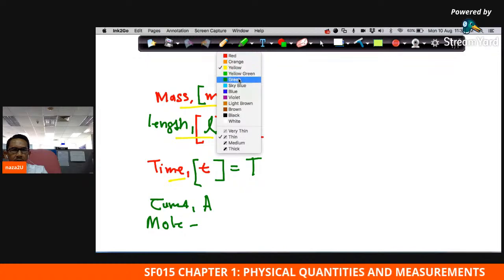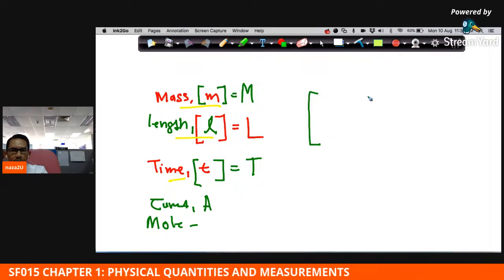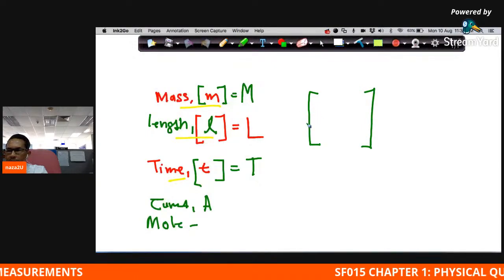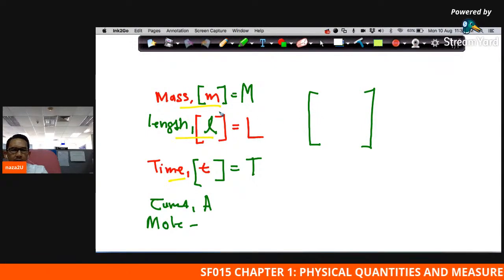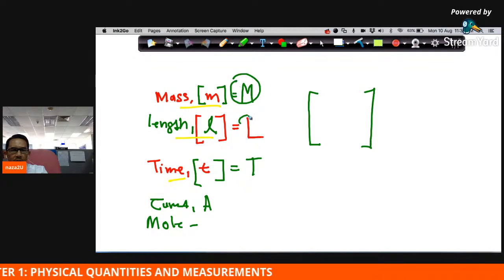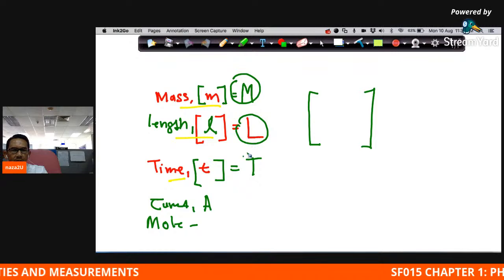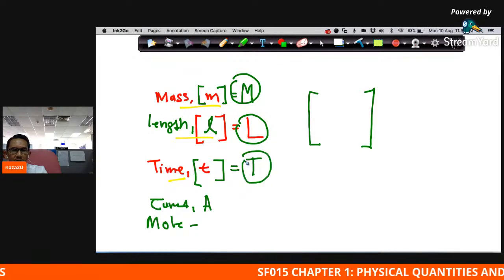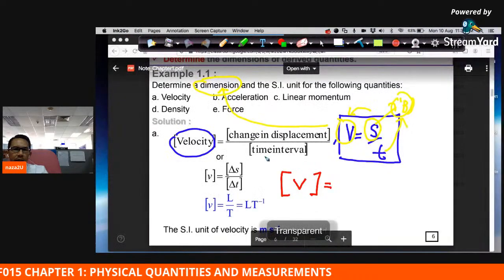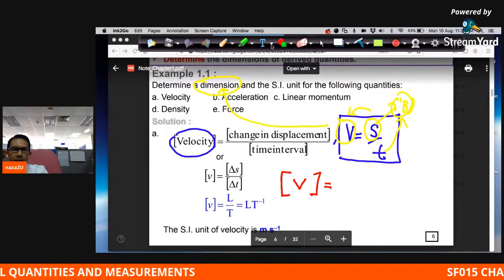The dimension for mass is M, the dimension for length is L, and the dimension for time is T. So back to the example here.